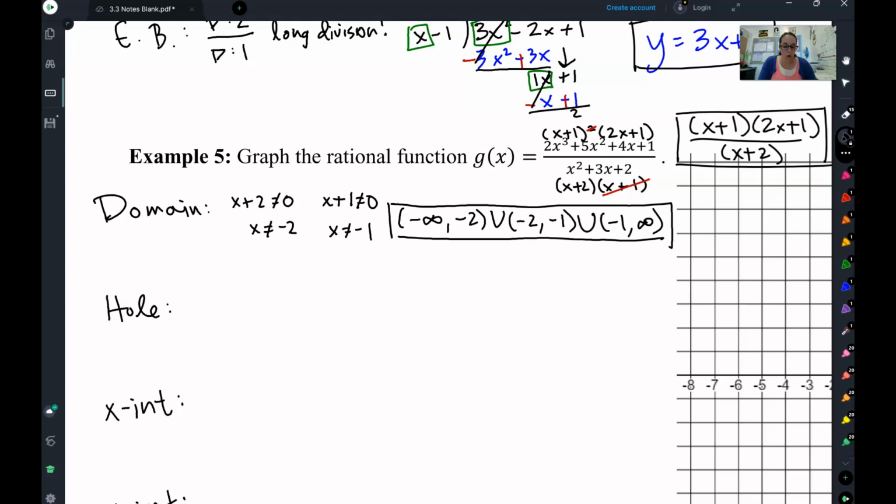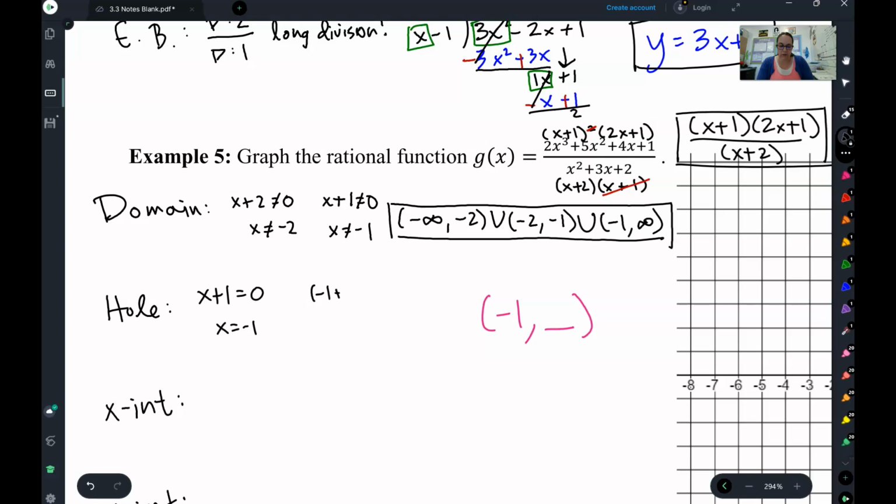So to find my hole, I take what I canceled out, set it equal to 0. So it looks like the x value of my hole is going to be at negative 1. To find the y value, I plug that into my simplified version.